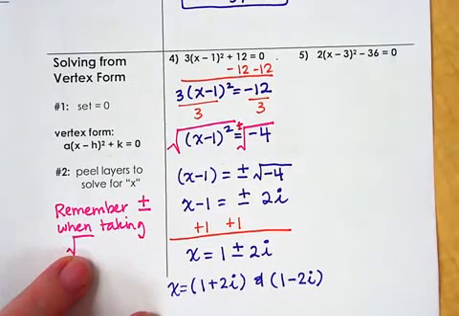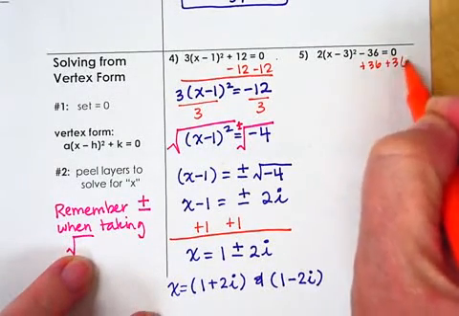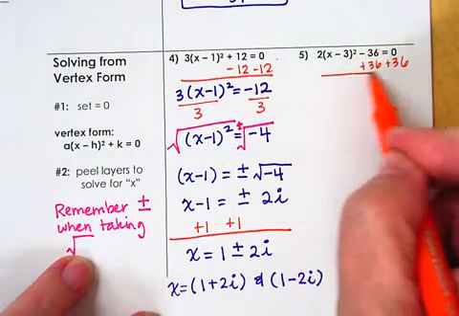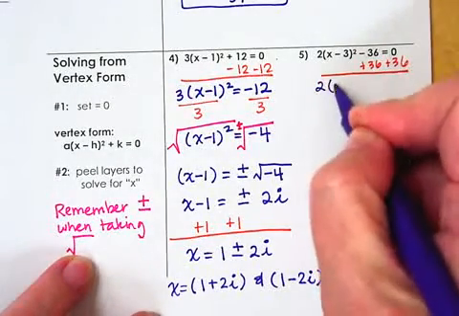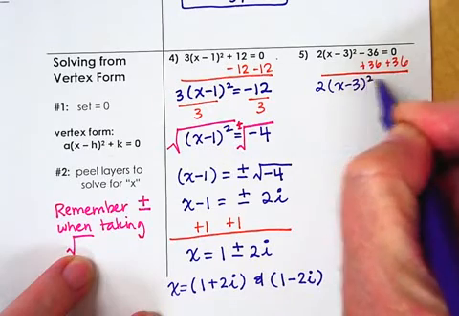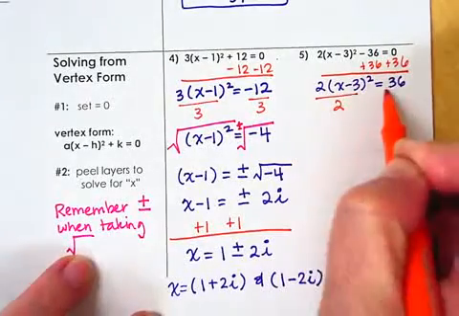Same idea. And we're going to go ahead and peel the layers away. So this time we're going to add the 36. And we get 2 times x minus 3 squared equals 36. Then we're going to divide by 2.